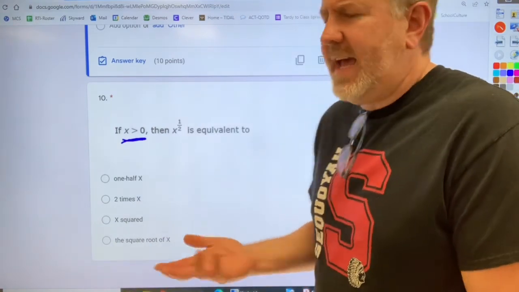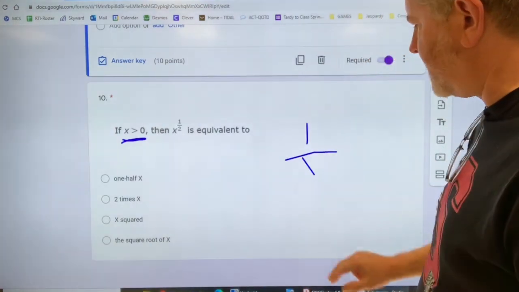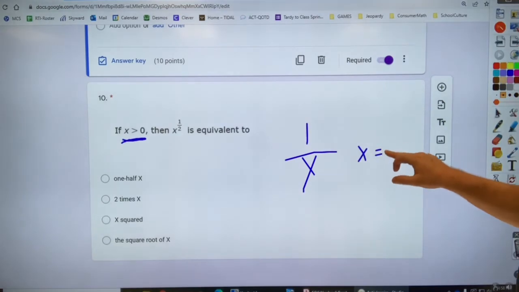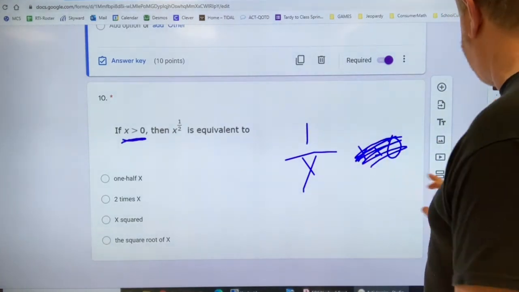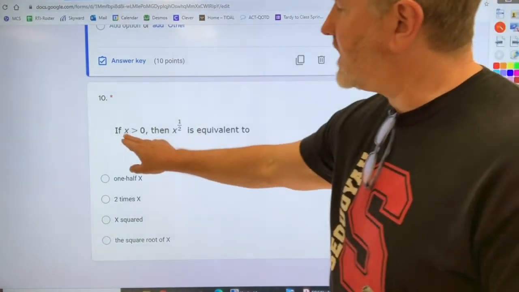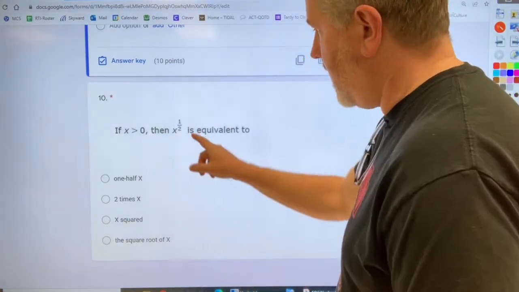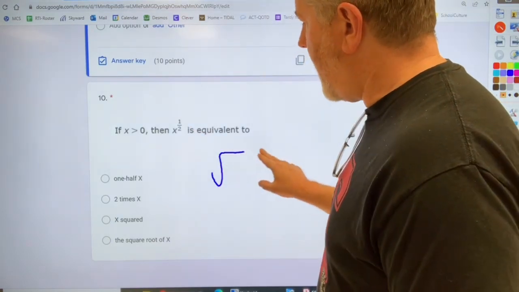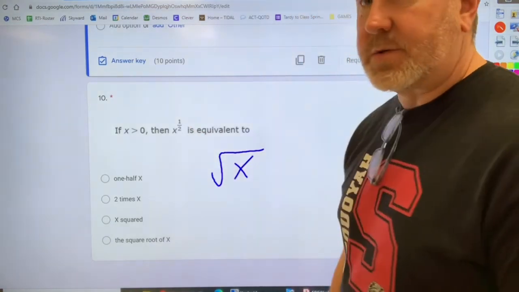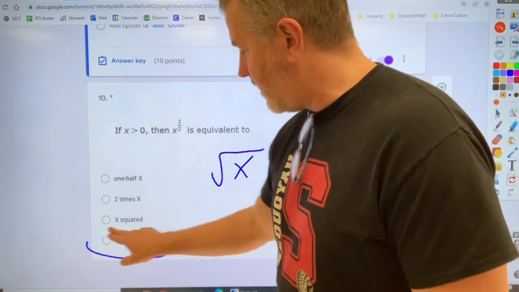They have to say that. It's kind of like if they were to say, by the way, x does not equal 0, just to make you think, oh, well, I know x can't be 0 because you can't have a 0 on the bottom of a fraction. So that's just a formality. Don't really pay much attention to it. X to the 1/2 is equivalent to, that 1/2 is the same thing as a square root sign. So the square root of x.